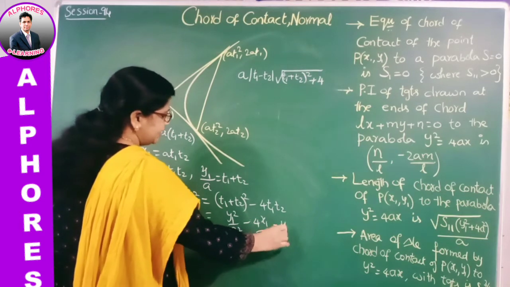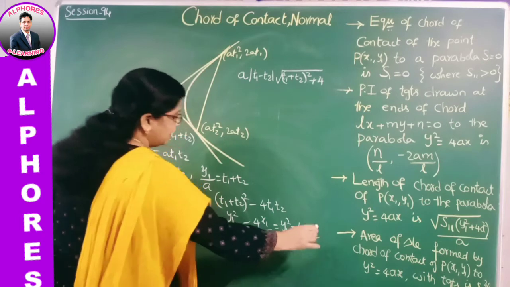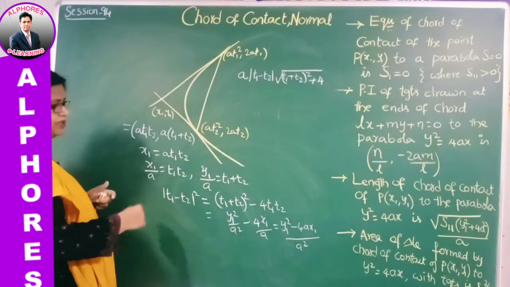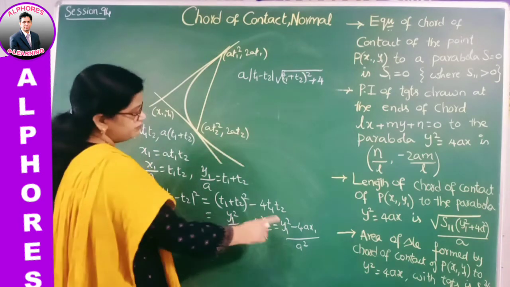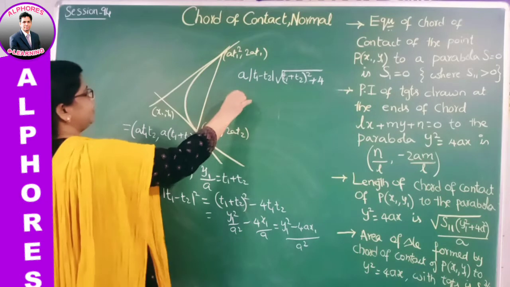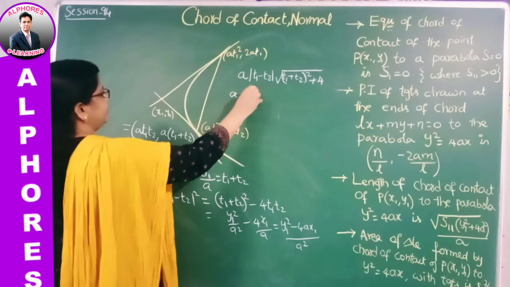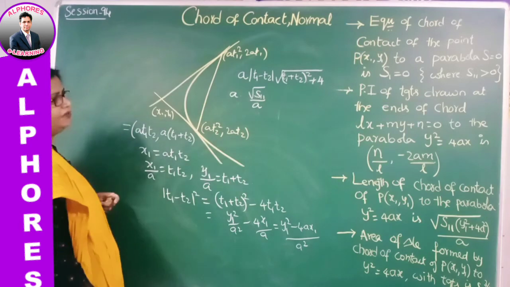That implies it is y1 square minus 4a x1 divided by a square. If you take the square root, it is nothing but root S11 divided by mod a. Therefore you got this value: root of S11 divided by a, positive, so directly we are writing.